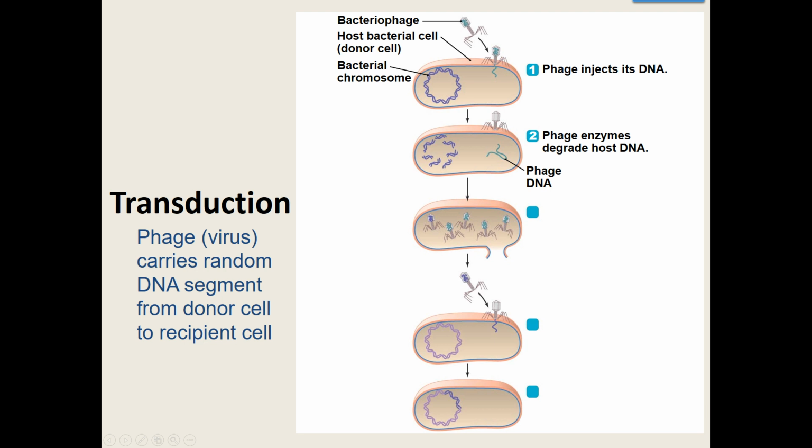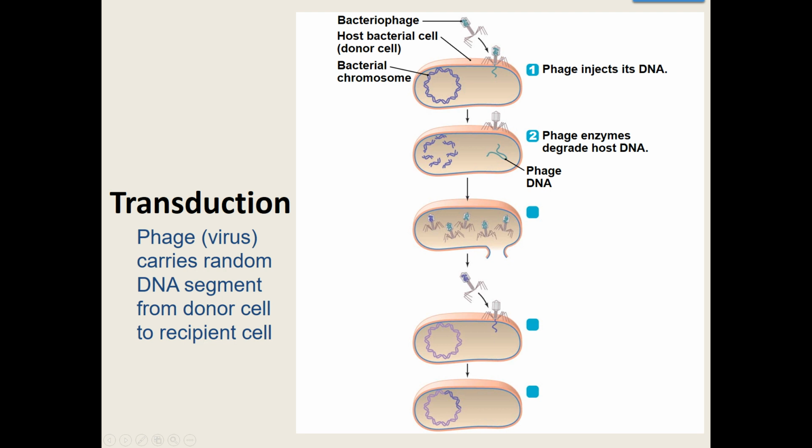Well, some of the bacterial DNA can get into a virus. And when this cell bursts forth and all the viruses leave, some might actually be carrying some bacterial DNA with them. So when that virus goes to infect another bacteria, some of the original bacteria DNA is now going to go into a new bacteria. So we're using viruses to carry DNA from one organism to another.